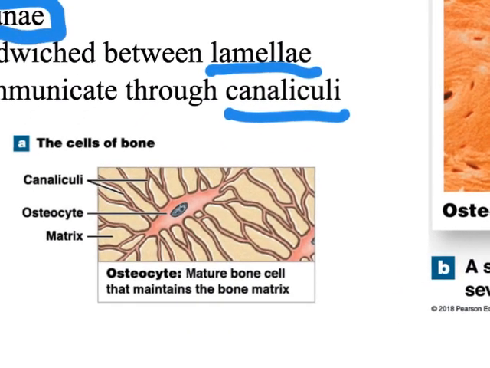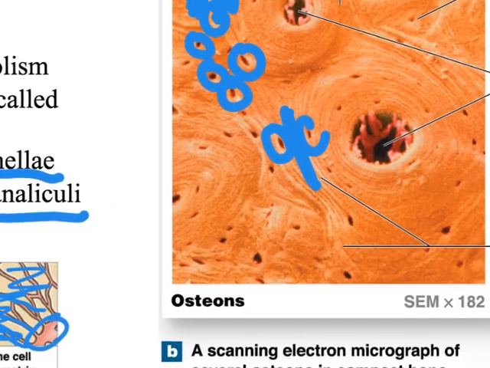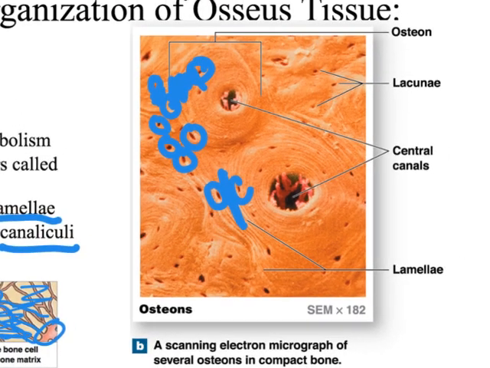If you look down at the picture there, here's one osteocyte and here's another osteocyte, and there may be lamellae in between, and they're going to communicate by sending out these feet almost, or these arms, called canaliculi, and that's how they're going to communicate with each other. So you can see lamellae, you can see lacunae. We're going to call this whole unit that you can see here, centered around a central canal, an osteon. We're going to see this here on a slide coming up soon.